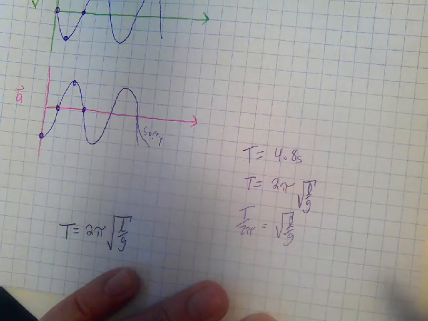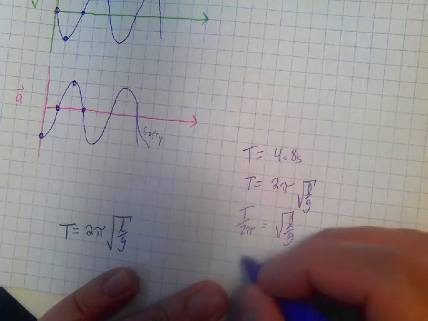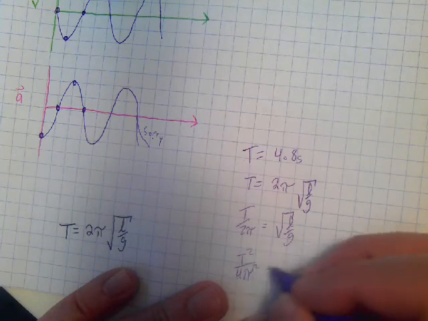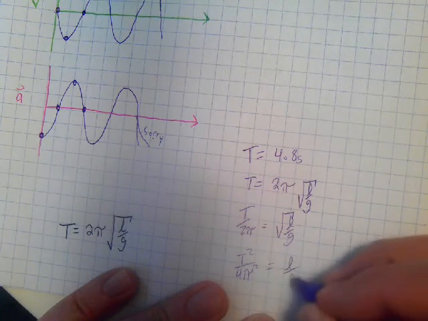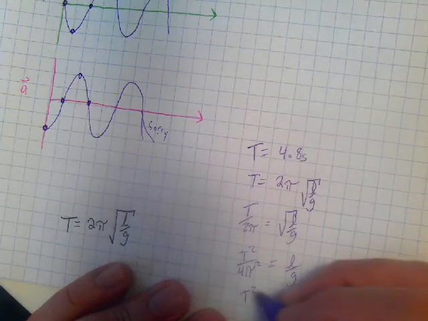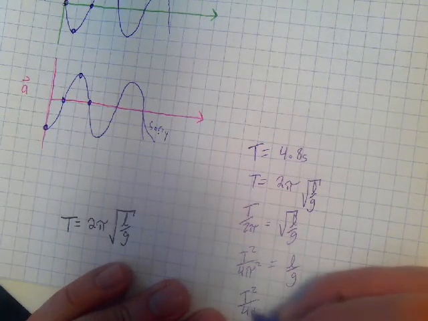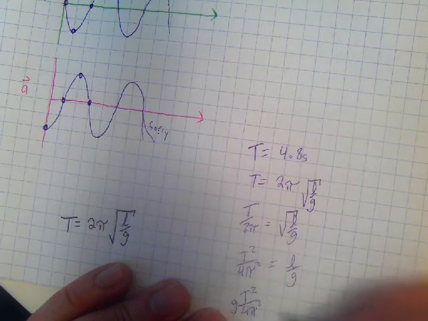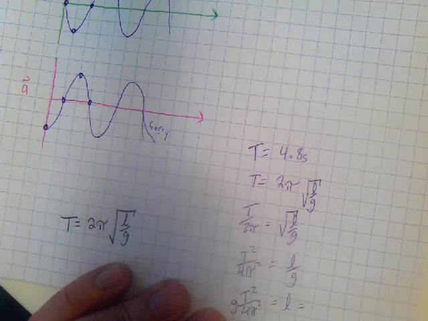I can square both sides. So T squared over 4 pi squared is equal to L over g. And then I've got T squared over 4 pi squared multiplied by g is equal to L.